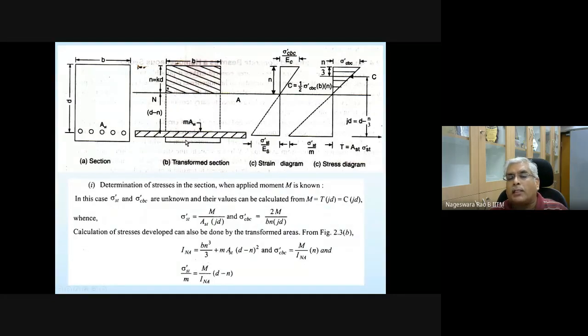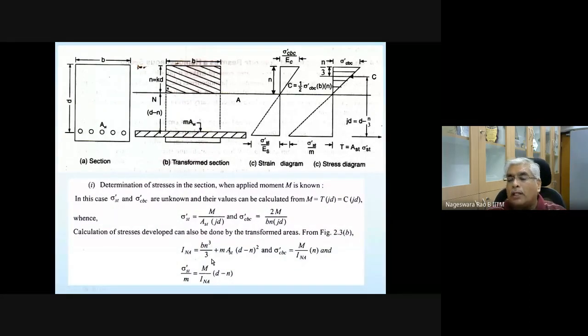For this kind of transformed section, you can find the moment of inertia about the neutral axis. That is what is written here, which is self-explanatory. Let's go through this quickly. For this cracked section, what is the moment of inertia? For this rectangle of width B and depth n, taking the moment of inertia about one of its edges, it is B times n cube divided by 3.